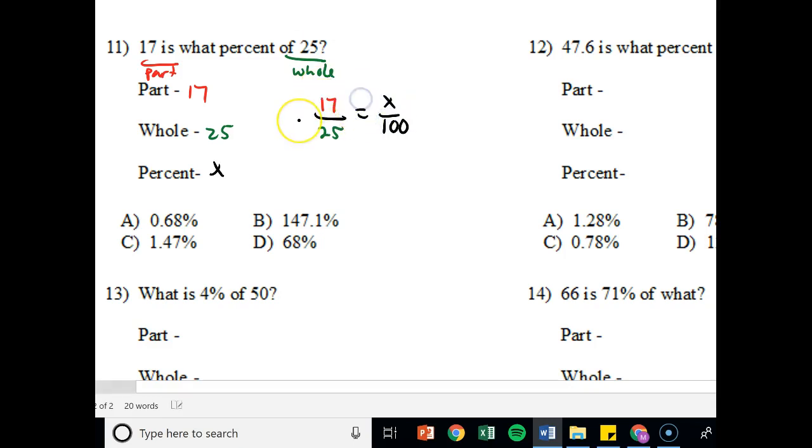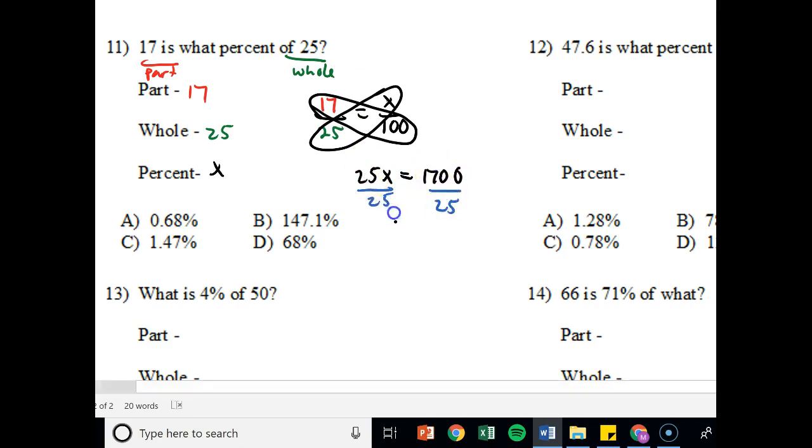Again, you could just divide 17 by 25 to figure out what percent that would be, or you could do what we've been doing the whole time, figure out your ratios by cross multiplying. So 25x equals 1700. We end up dividing by 25. x is equal to 68, so 68%.